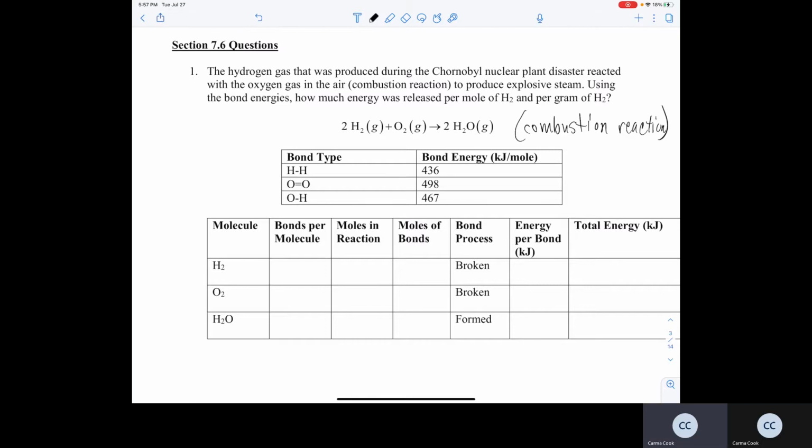And so in this reaction, we can draw the Lewis structures of each of these reactants. We learned how to draw Lewis structures in an earlier chapter. So I'm rewriting the reaction, only this time I'm drawing the Lewis structures.